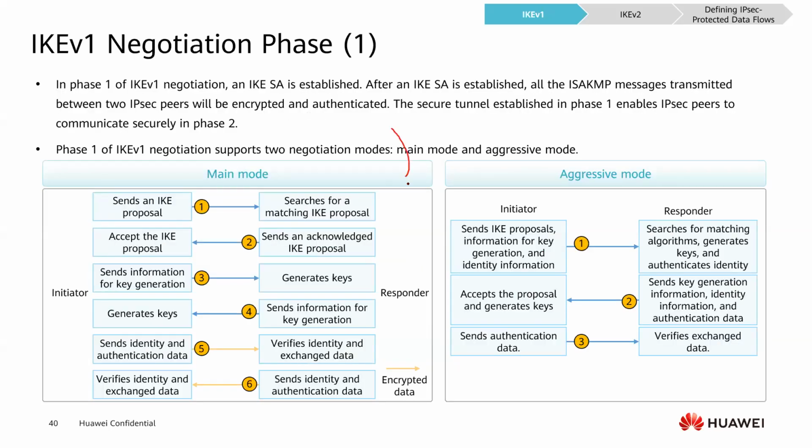So the whole procedure basically looks like this. I will briefly talk about it. In main mode, there are 6 steps. The first 4 steps exchange the IKE phase 1 information, the IKE SA. Then steps 5 and 6 exchange the IPsec SA.